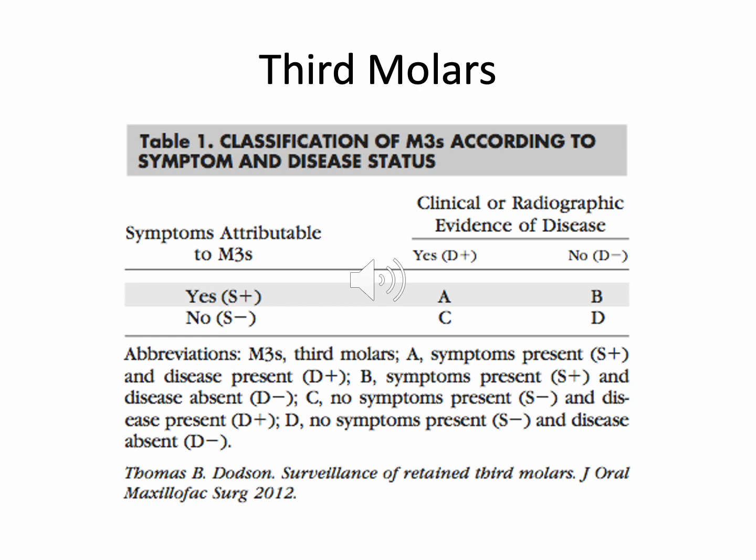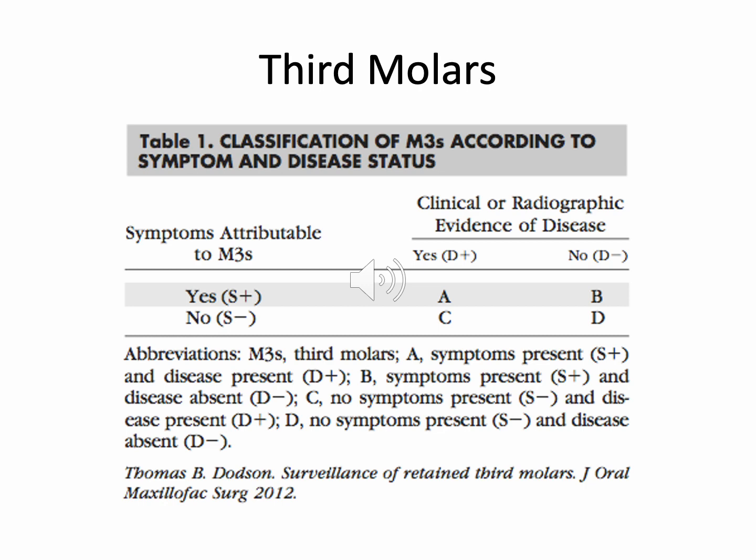So if there's evidence of disease present, we'll talk about what that is in a minute, and presence of symptoms, so this would be like your pericoronitis tooth, where you look in, you see inflamed gum, the patient said, yes, it hurts. That's sort of your A. Those are no-brainers. Everybody wants those teeth out.